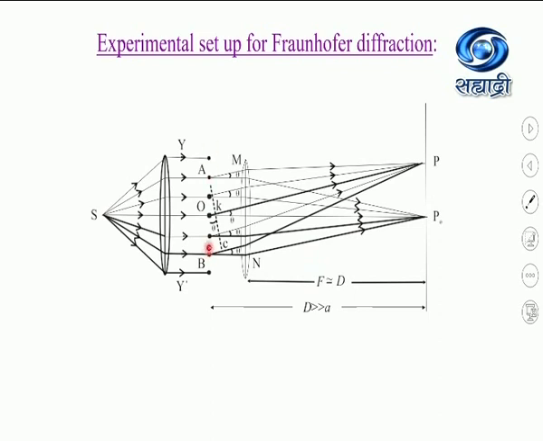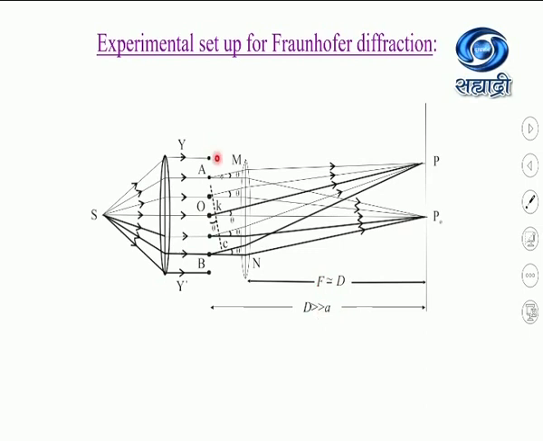The width of the slit is very small, of the order of 0.1 to 1 millimeter, and the distance between the slit and the screen is very large, of the order of 10 meter. So we can say here D is very large compared to the width of the slit. Width of the slit is also denoted by small a.